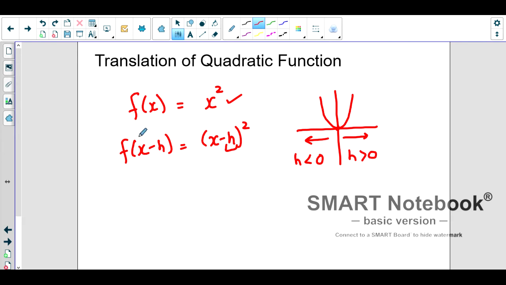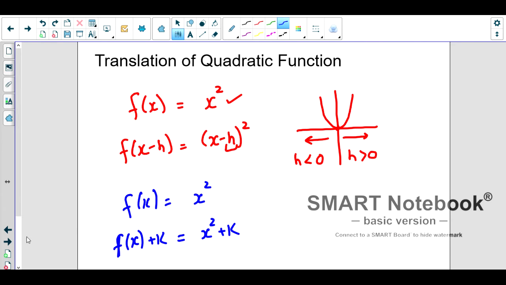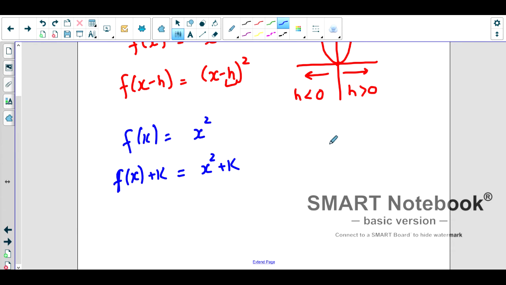If we have the same parent graph f of x equals x squared and there is k involved, f of x plus k, it will be what? x squared plus k. Now this k is not responsible for the x-axis. This is the shift in the graph on the y-axis. This is the parabola, a simple one.